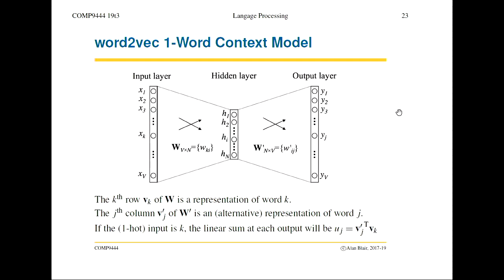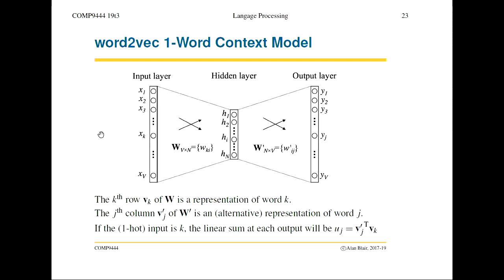So we have an input layer and an output layer, and each of these is meant to be a word. I apologise that the L has now become V, but this is all the words in the English language. These are numbered from 1 to 60,000, and these are numbered from 1 to 60,000.